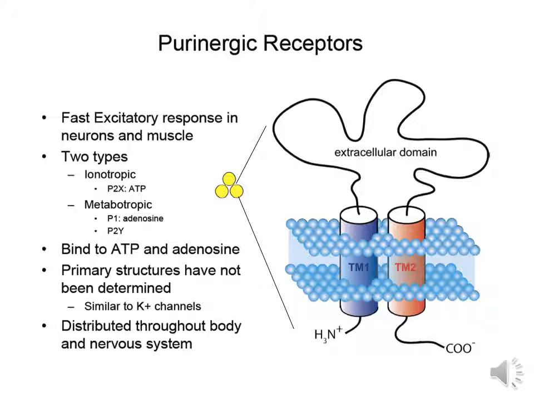And every subunit is formed by two transmembrane domains, TM1 and TM2. In this type of receptors, the N-terminal and carboxy terminal domains are facing the intracellular space, while the ligand binding or extracellular domain is in the outer membrane.